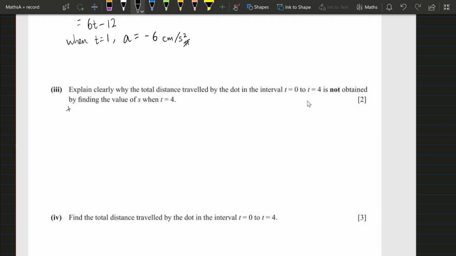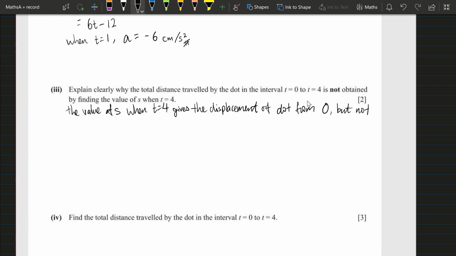when the value of s when t equals 4 gives the displacement of dot from O, but not the total distance traveled.